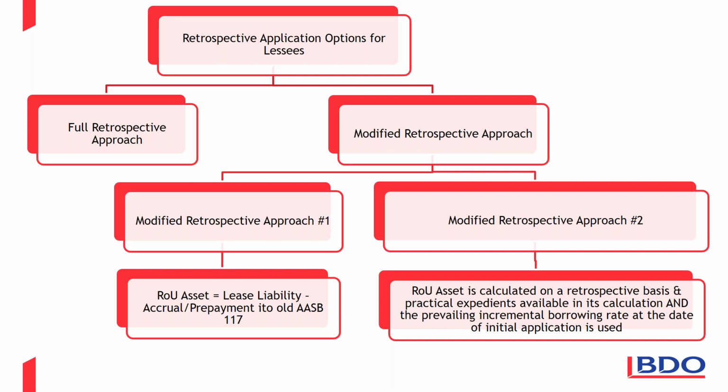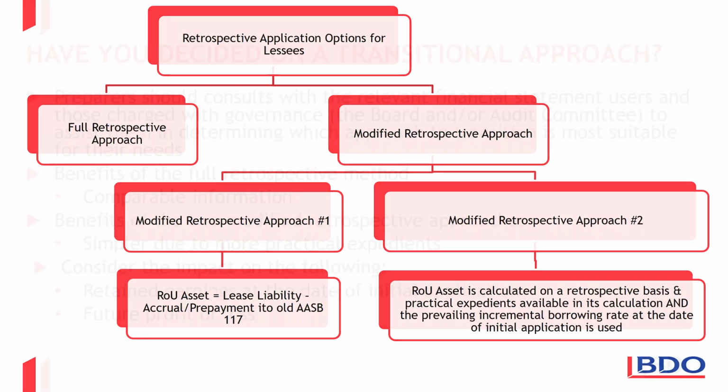Often, when we work with clients, we actually run the numbers in terms of all three approaches if they have good information available to do the full retrospective approach, I should say, but at least run the numbers under modified retrospective approach number 1 and modified retrospective approach number 2, and clearly look at the impact on the date of initial application, 1 July 2019, as well as the impact over the next 5 to 10 years to see what's going to happen.